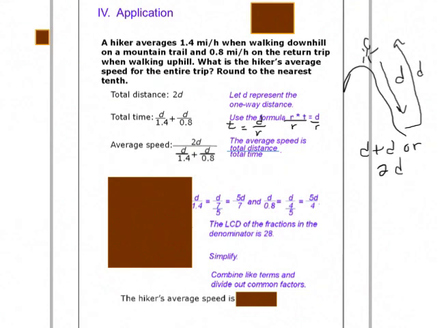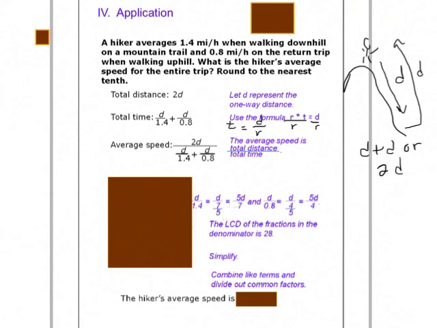Now, from here, we need to simplify this. In order to simplify it, I'd like to get rid of the fractions in the denominator. So I'm going to take each of these decimals and change them to fractions. d divided by 1.4 is d divided by 7 over 5, which is the same as 5d over 7.